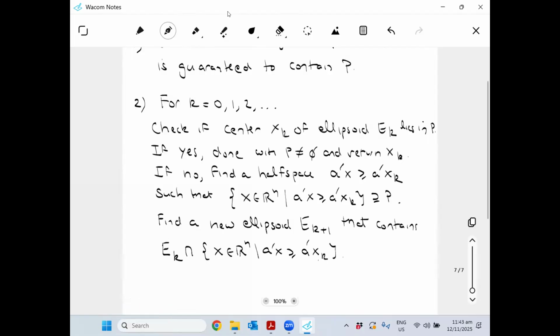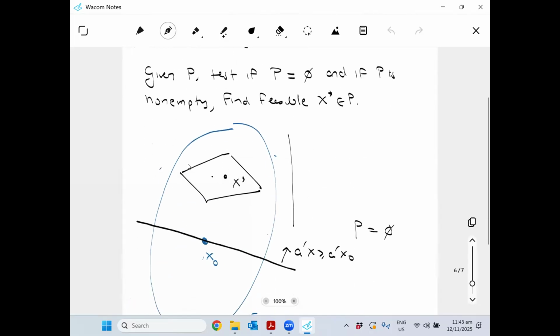Okay, so what am I doing? If I go back to this figure, I want to now find a new ellipsoid which contains this half space intersected with the ellipsoid. So that's basically this part of the region. I have to create a new ellipsoid which contains this.